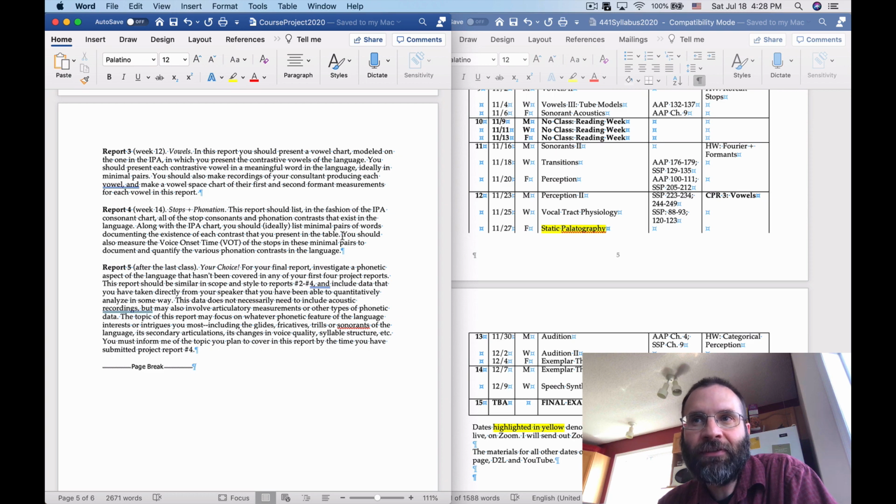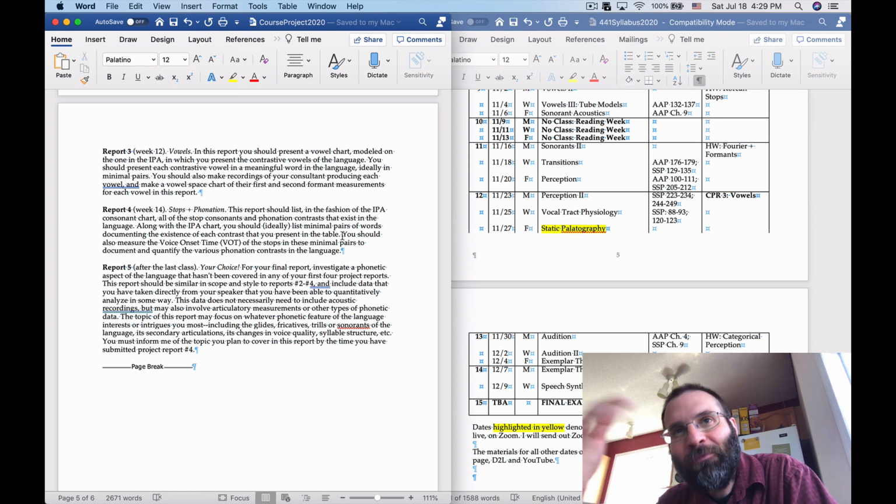So yeah, unfortunately the only examples I can think of are pea, tea, and key. Come up with a list of words like that in your consultant's language that only differ, say, in place of articulation for stops at the beginning of a word. That's a nice set of minimal pairs: pea, tea, and key.